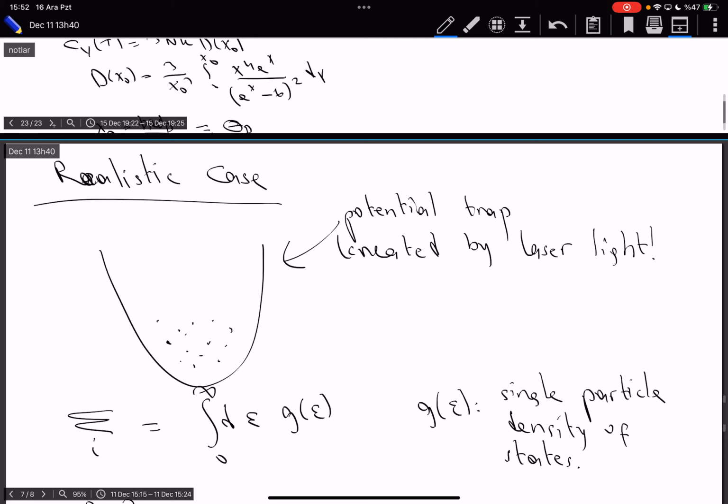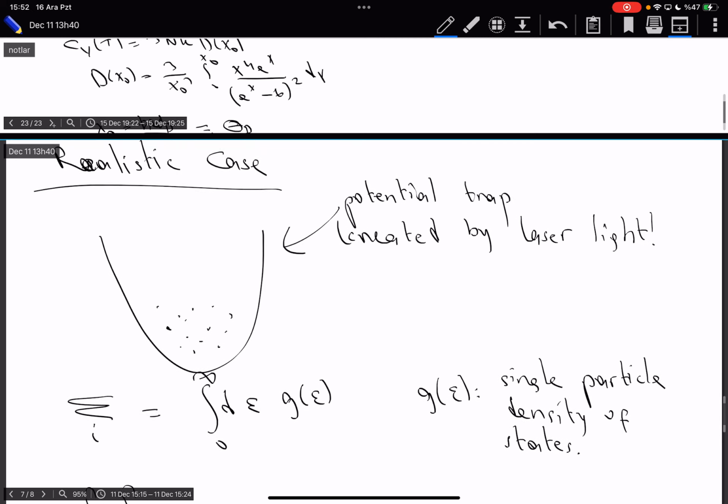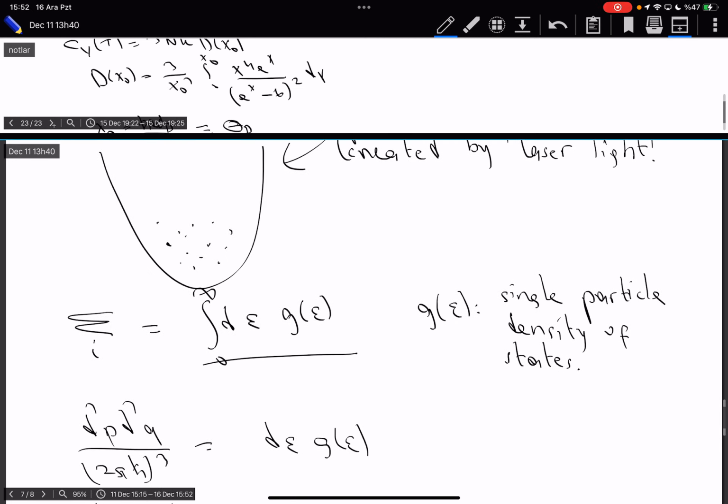Of course, the first thing you have to calculate to look at this realistic case is the density of states, because basically the things we are doing are just summing over single particle states. That is what we have to calculate, and for that we need the density of states in order to convert those summations into integrations.